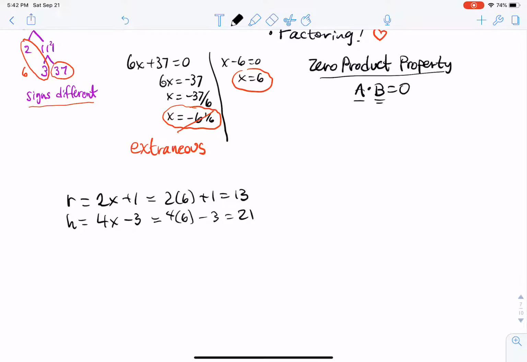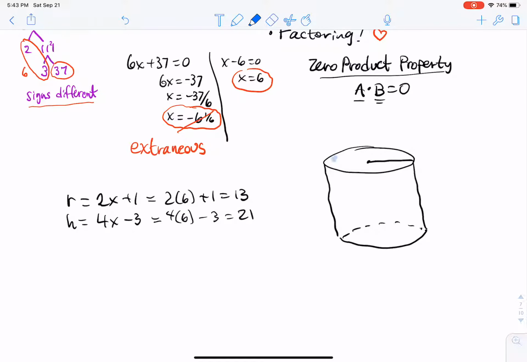We're going to double check it by maybe drawing a cylinder here. That's perfect. All right, and our radius, wait, I'm going to color this. Really make this base stand out. Excellent. All right, we said that this radius is 13 and this height is 21.